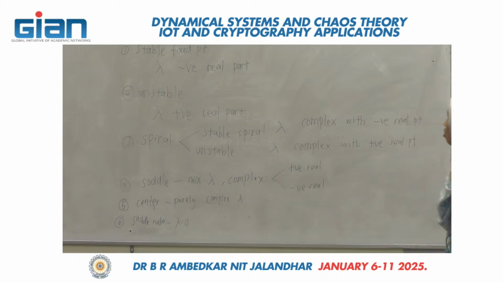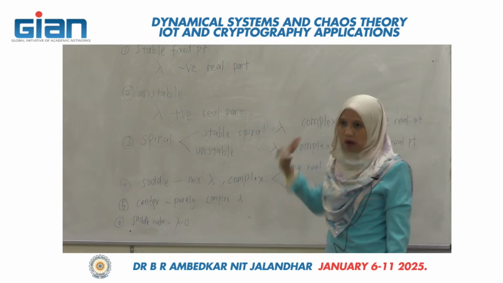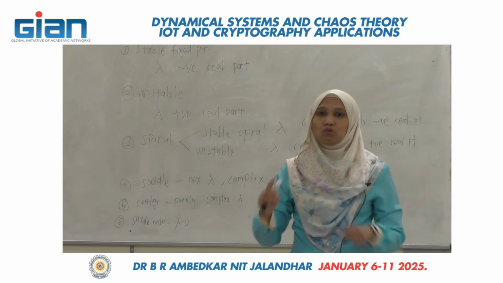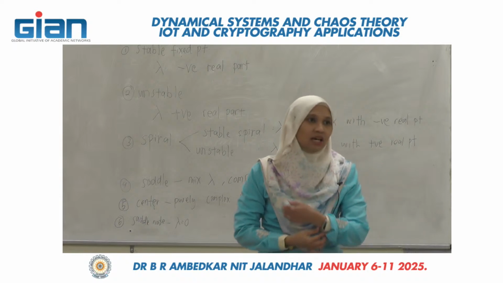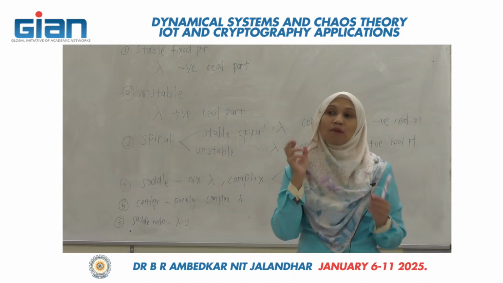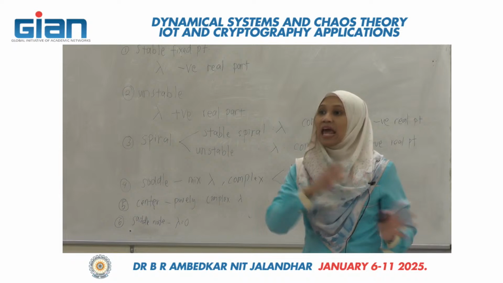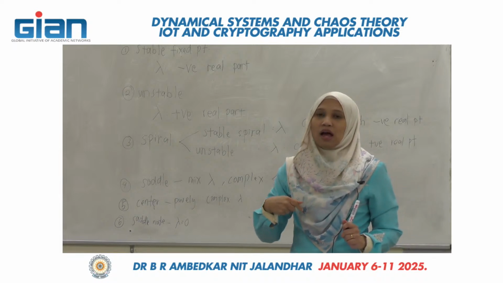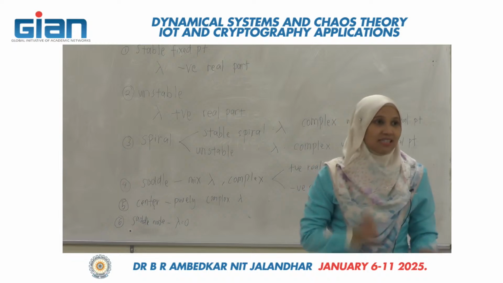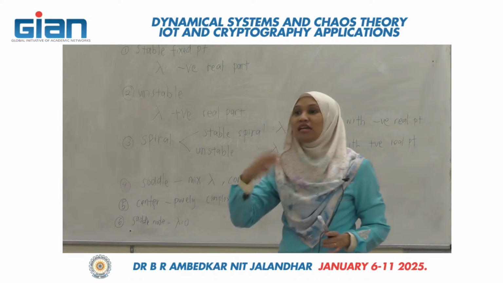So fixed point is very important. You should be clear with what result you have, because normally when we want to simulate chaos, we want to check what parameter makes the system chaotic. So we do it by trial and error. When I was doing my PhD previously, I did it by trial and error.